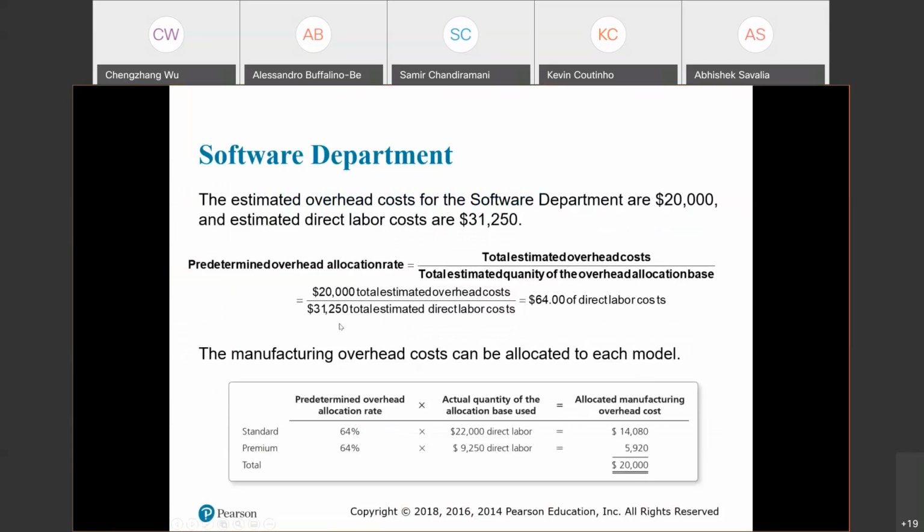Yes, it is a value with a dollar sign, because it is also a cost with the dollar sign as the unit. So we use the total estimated overhead cost, which is $20,000, divided by $31,250.